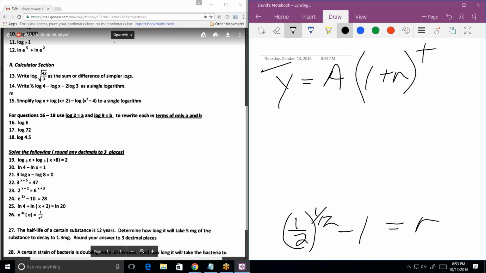Okay, so the original amount is 5. The final amount is 1.3. We know what R is. R is this god-awful thing. Yeah, the ones cancel.